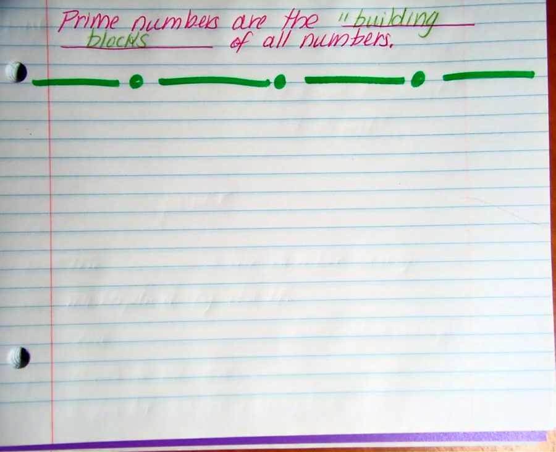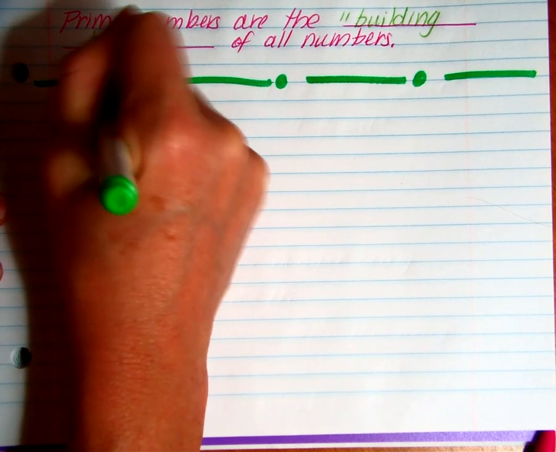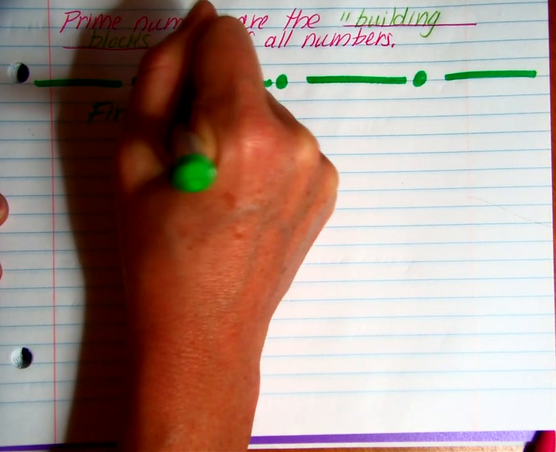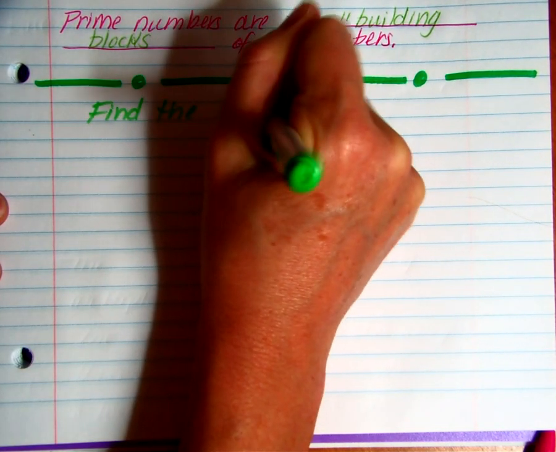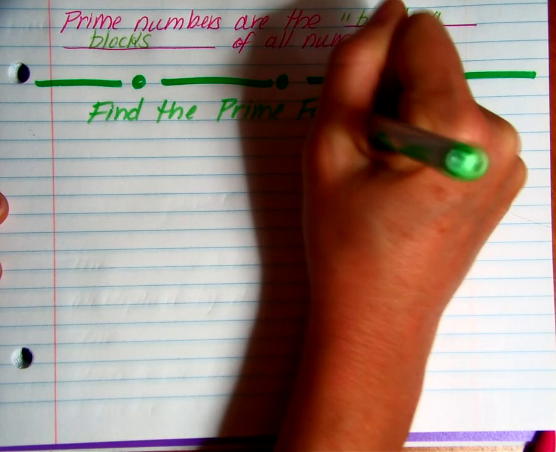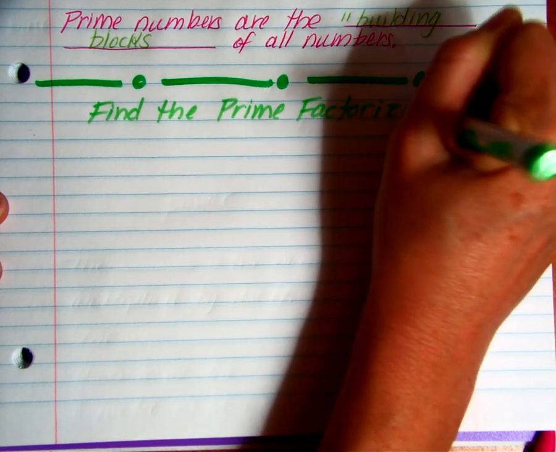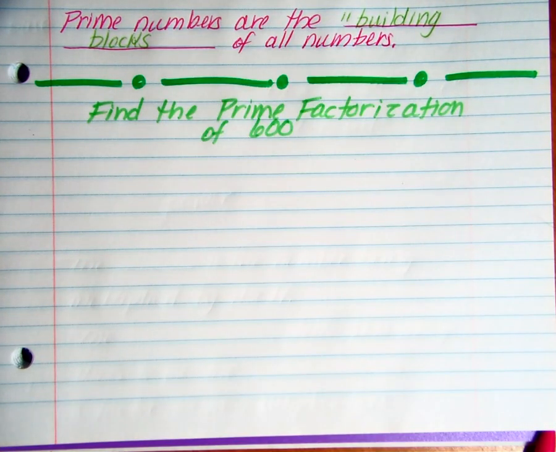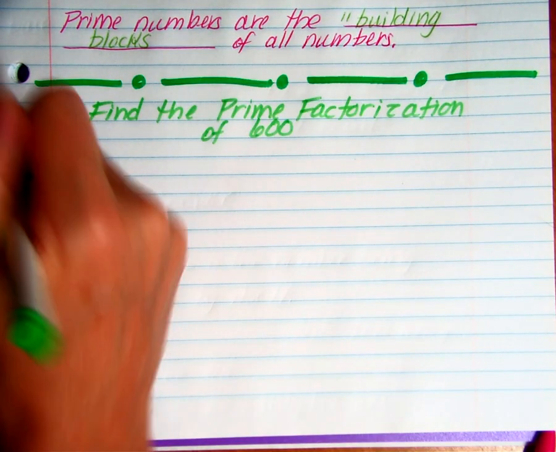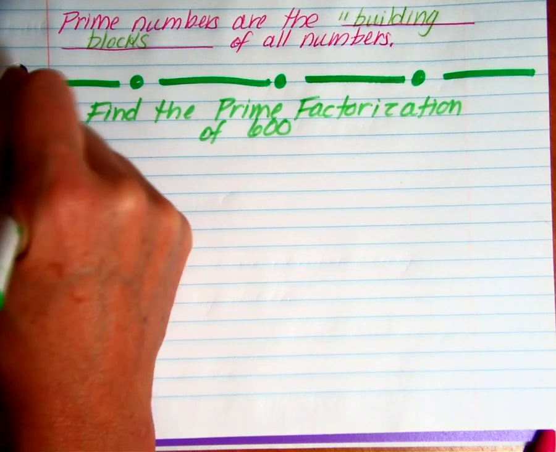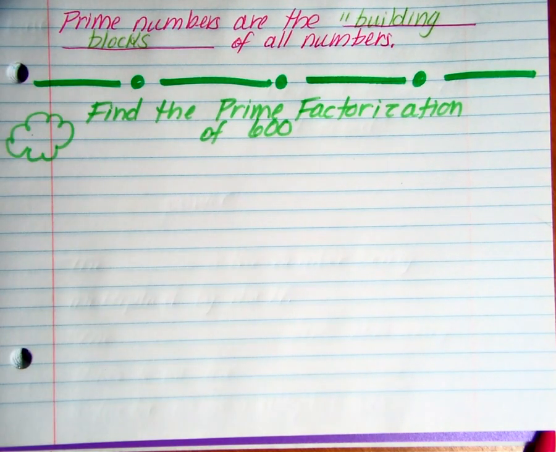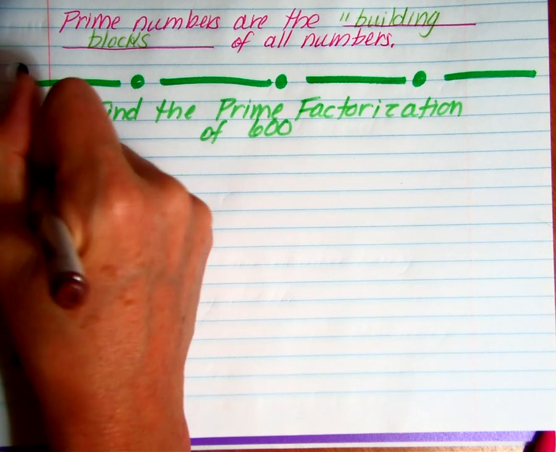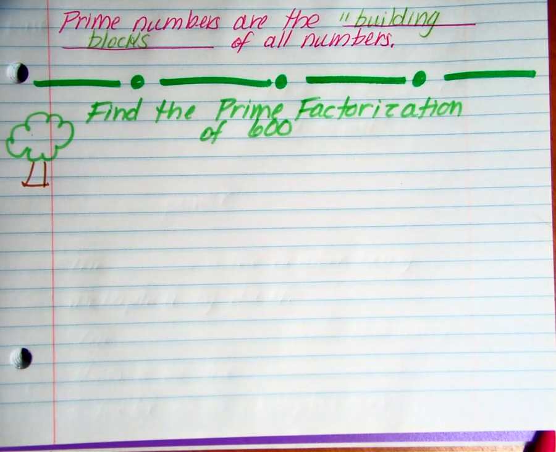Let's keep going. We're going to do an example together. We're going to find the prime factorization of 600. We're going to create a factor tree.